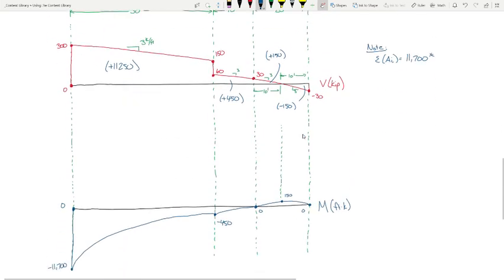So this is what I was getting at before when I was saying, whenever you're constructing the moment diagram, once you get your reactions, sort of just ignore that the hinge is there, okay? And if done correctly, you will get the internal response that's correct. It's exactly what happened here. We got a shear of 30, and a moment of 0 right at the hinge, which is exactly what we got when we did statics, when we just cut a section and used equations of equilibrium. Does that make sense?